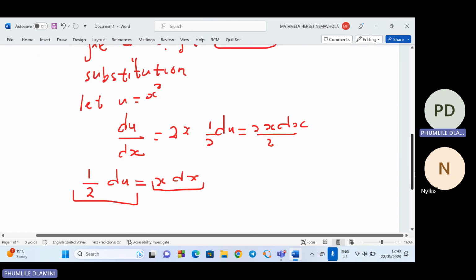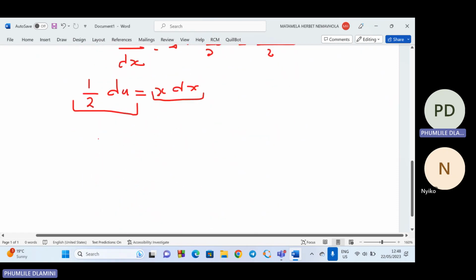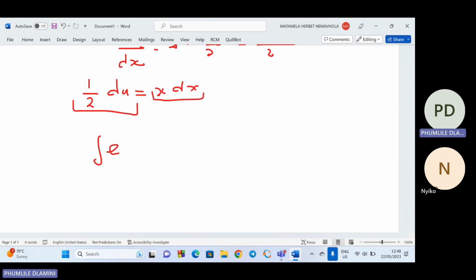So we can rewrite this integral as the integral of e to the power u times 1 over 2 du. Then we can take 1 over 2 outside of the integral.